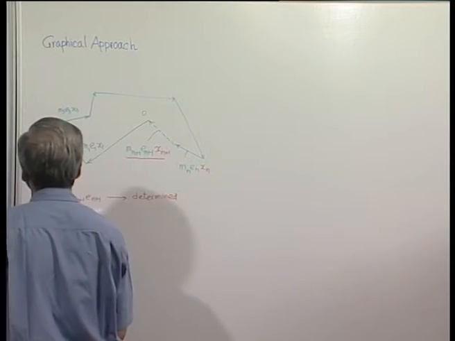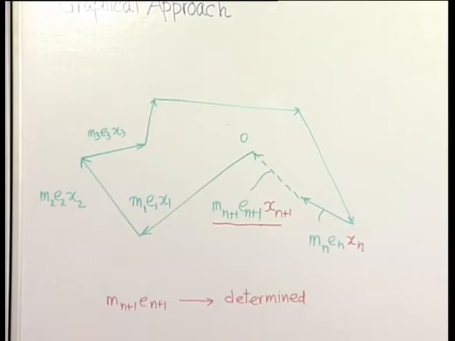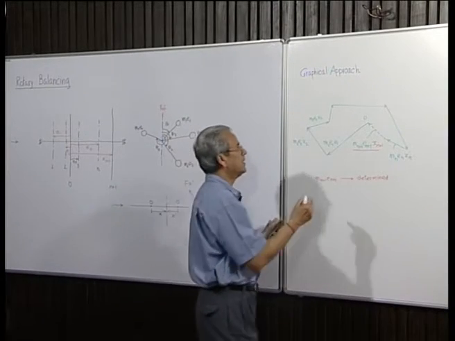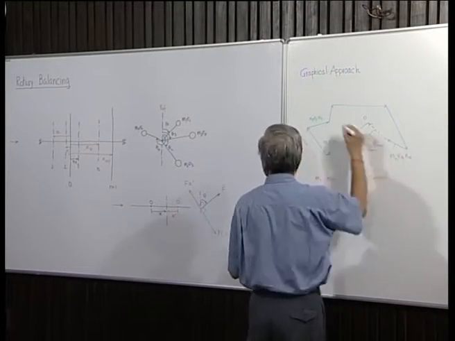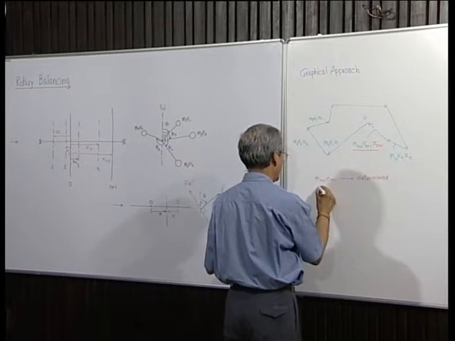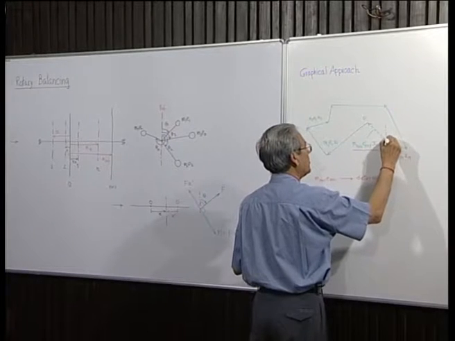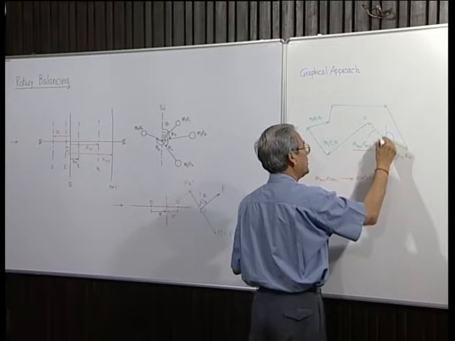Again, since this plane is on the right hand side, that is x n plus 1 is positive, then the force vector, that means the theta n plus 1, will be also obtained from this.